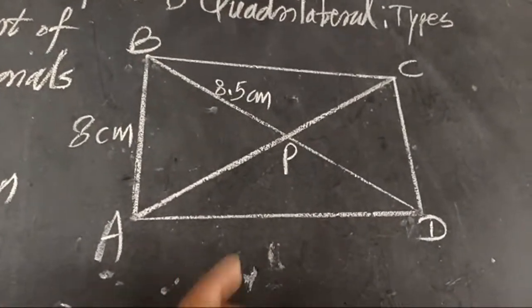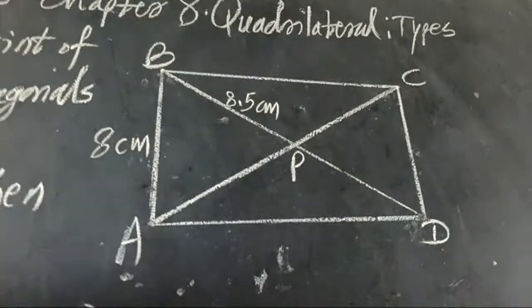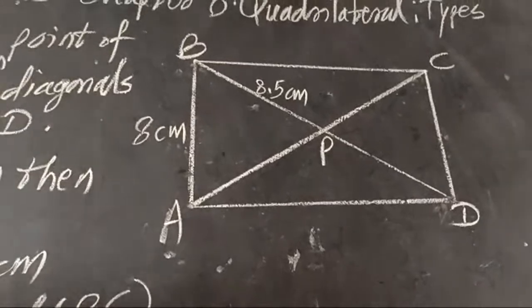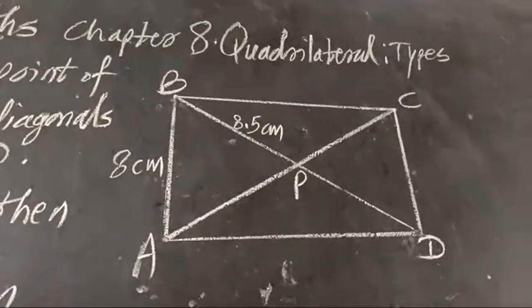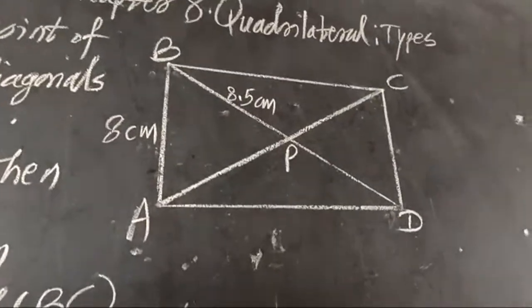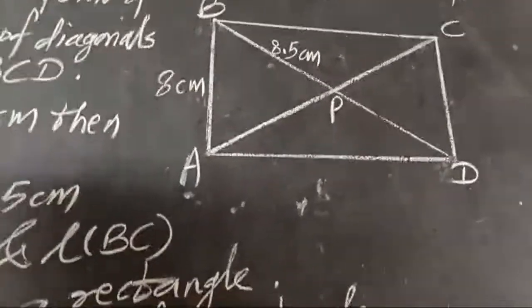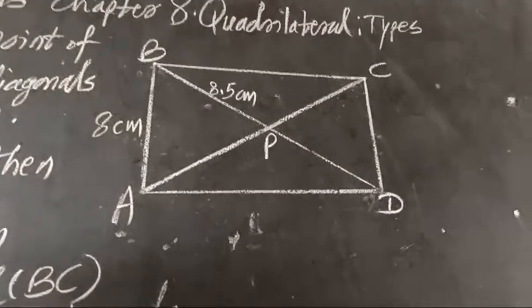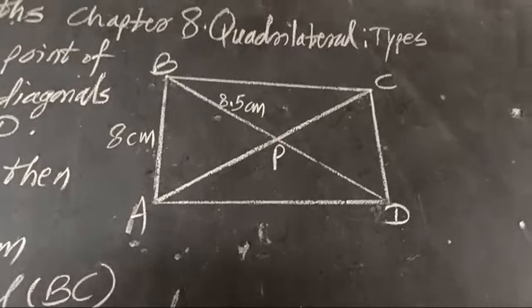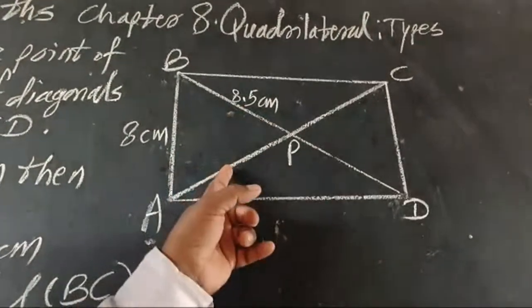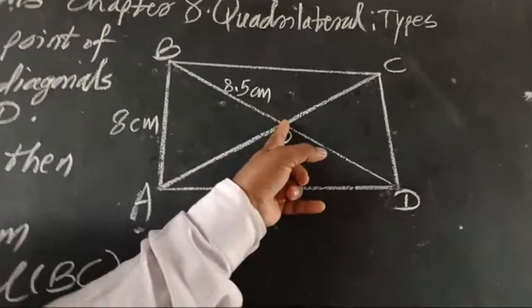What is the property for diagonals? Which property can we use here? Yes, correct. Good. Diagonals of a rectangle bisect each other.